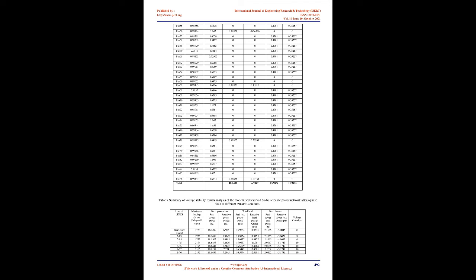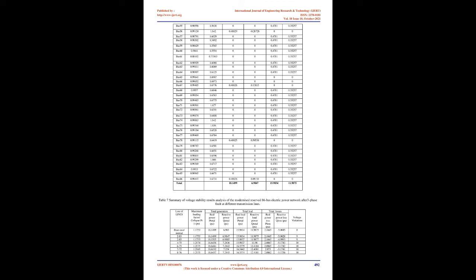The modernized reserved 86-bus electric power network recorded low and high voltage violations outside the 5% tolerance of rated 1 pu, 330 kV, that is, 0.95 pu, 313.5 kV, to 1.05 pu, 346.5 kV, at different line losses as follows: a total number of 8 voltage violations at the base case and on 48 to 56 line, 9 voltage violations on 25 lines and 10 voltage violations on 31 lines, as summarized in Table 7.